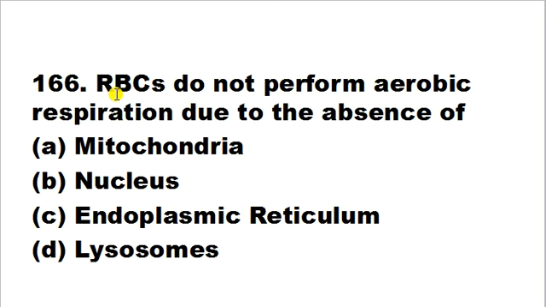So the question is asking why RBCs do not perform aerobic respiration: because there is an absence of mitochondria, as respiration always takes place in the mitochondria of the cell. And one more piece of information in this question is that RBCs also don't have a nucleus. So the correct answer is mitochondria here.